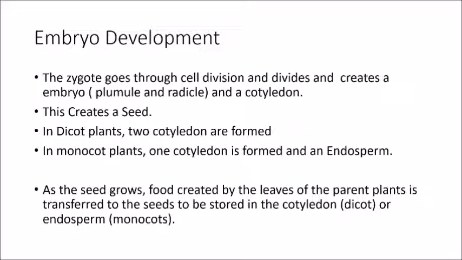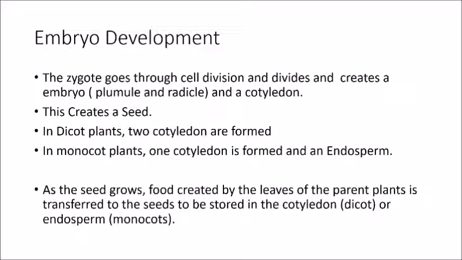Now, before this seed is fully formed, this is going to be a process. It's going to start off as a zygote, and it's going to slowly become mature over a period of time. So as this seed is growing inside of the ovary, whenever this plant creates food from its leaves by doing photosynthesis, some of that food is going to be stored inside of the seeds.